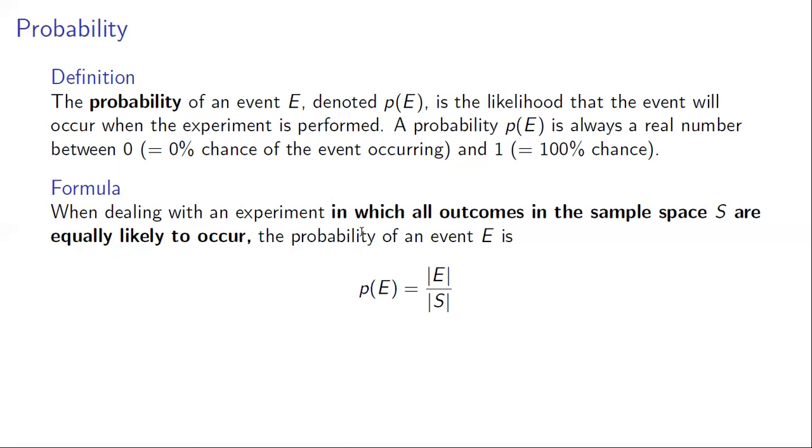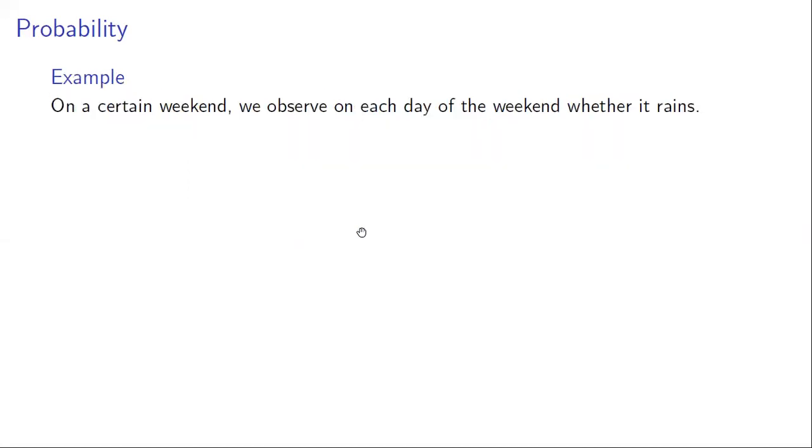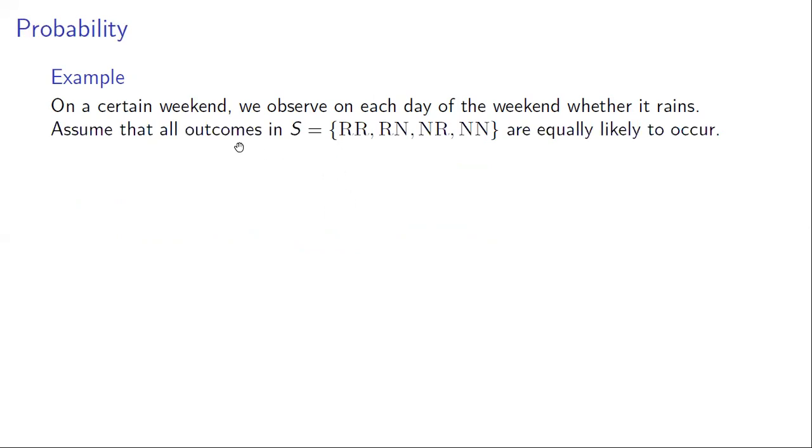Okay, here's an example. On a certain weekend, we observe on each day of the weekend whether it rains. This is the same sample space that we talked about before. So here's our sample space. Assume that all outcomes in the sample space are equally likely to occur. Now, this is a huge assumption, which is really not justified in the vast majority of the world.